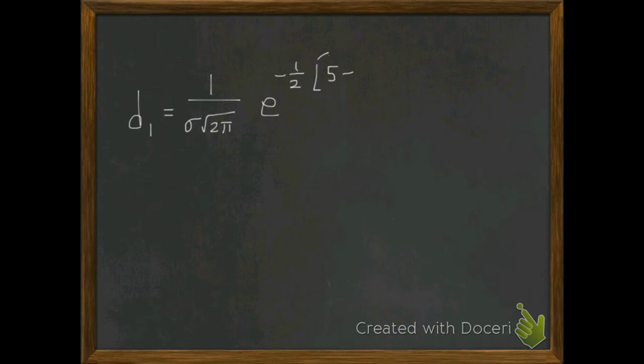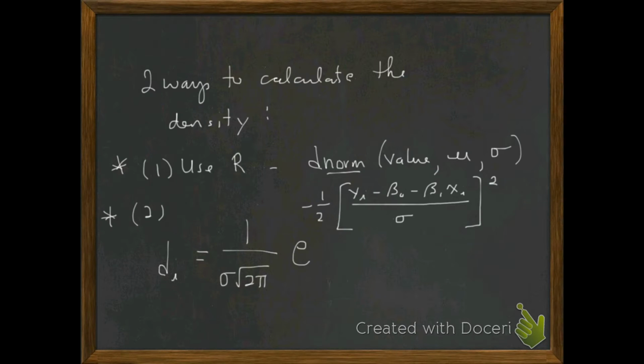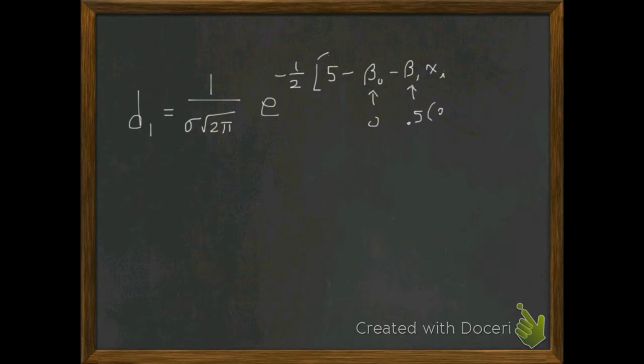Let's think about it, guys. This part right here is beta 1 x sub i. So what's going to go right here is 0.5. And then the x value, guys, please forgive me for this, is going to be 20. So essentially what's going to go right here is just 10.